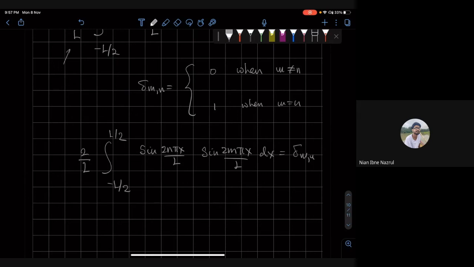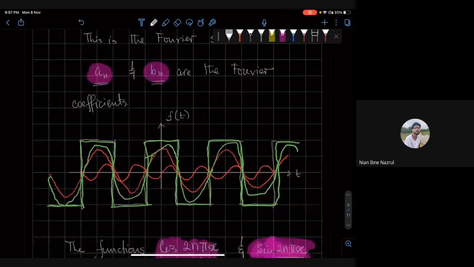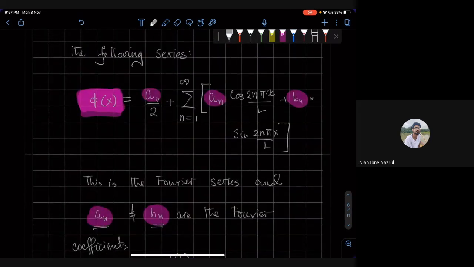And by using this, what we can do is multiply both sides of the Fourier series by some function like this and integrate it, and depending on what function we multiplied with, that coefficient comes out. All the other coefficients go to 0.